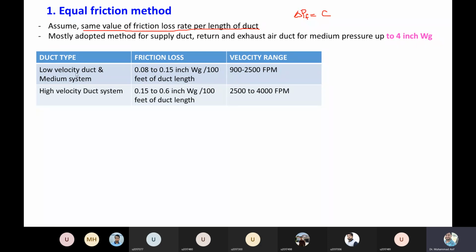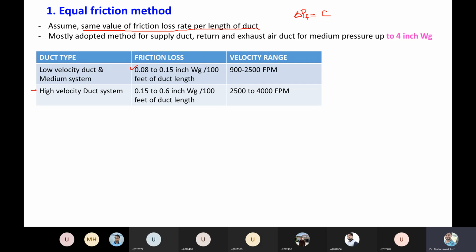Let's say if the duct is a low velocity or medium pressure duct, then you can use a delta pf of 0.08 to 0.15 inch of water gauge per 100 feet length of the duct, and the velocity range will be 900 to 2500 feet per minute.